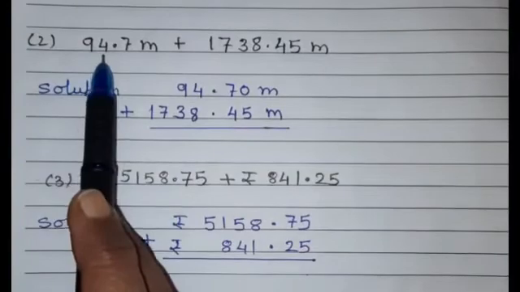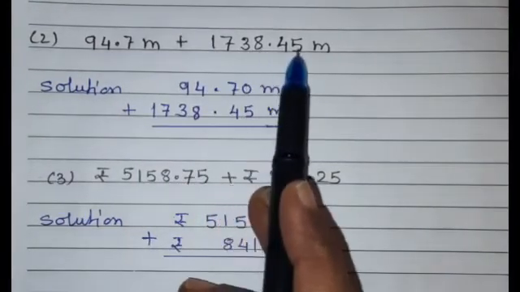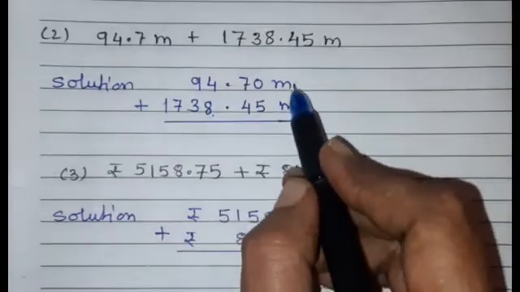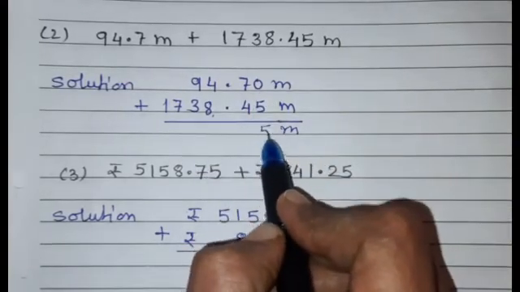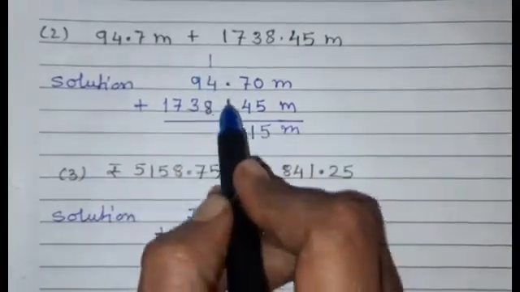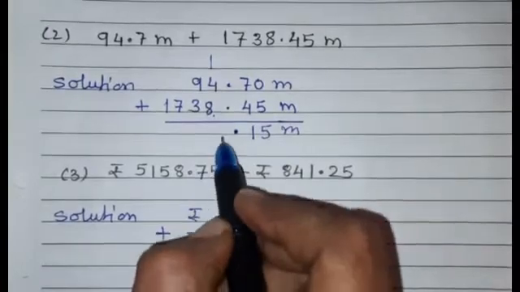Second one, 94.7 meter plus 1738.45 meter. In solution, make the addition. Write meter as it is. 0 plus 5 is 5. 7 plus 4 is 11. So write here 1 and carried 1. Put here decimal point. Now 4 plus 1, 5 plus 8 is 13.